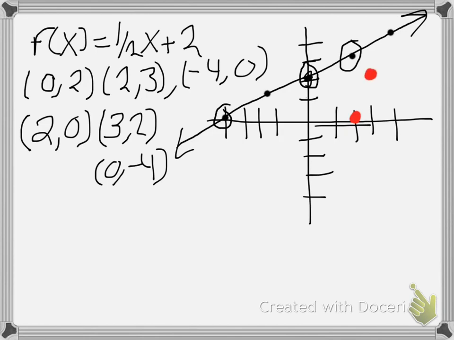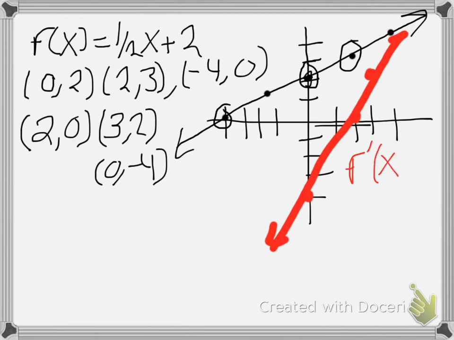And the point 0, negative 4. And I'm going to go ahead and draw that line in red. And as you can see, this is f inverse of x graphically.